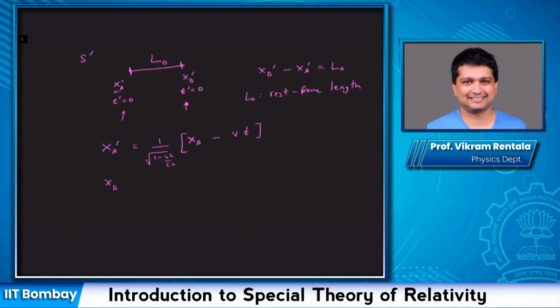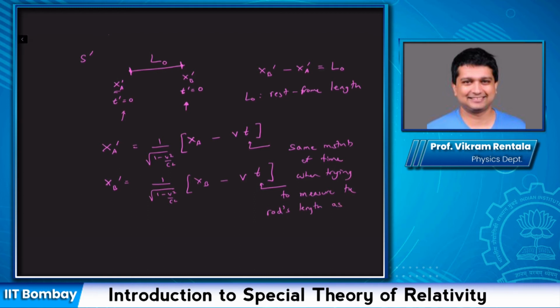And similarly, the second position, XB prime, minus V times T. And the key point is that these instants of time at which we are trying to locate the coordinates of this rod would have to be the same instant of time when trying to measure the rod's length as seen by the ground observer.